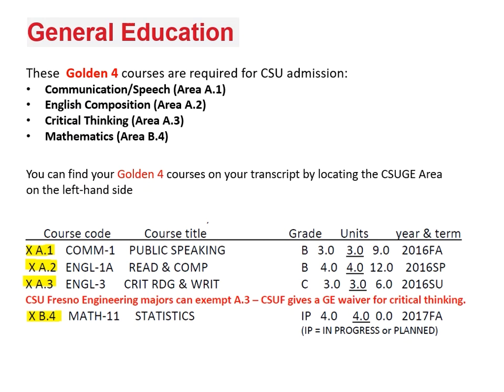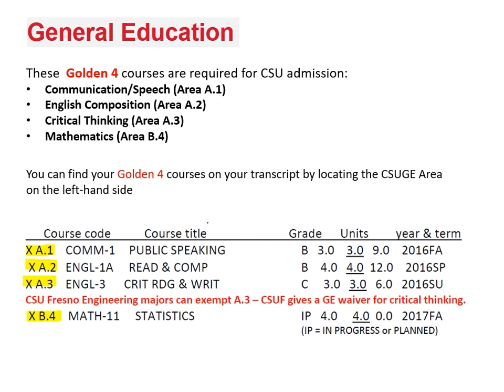So you can find these courses on your transcripts. If you look on the left-hand side of your transcripts, you will see the course code, and you'll see what area it fulfills. And so, for example, here we see area A1, COM 1 is fulfilling that requirement.